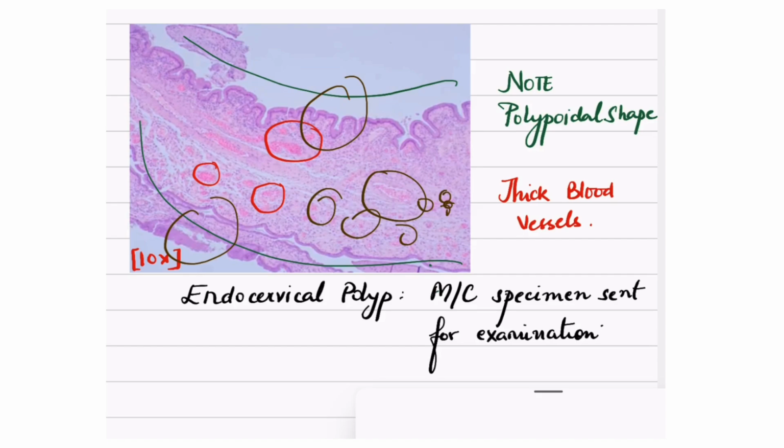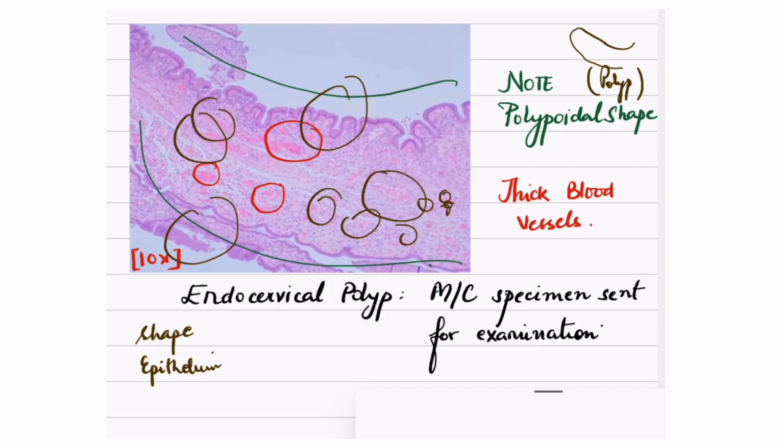So this structure is highly vascular, and look at the shape, the whole shape of it. The shape itself is like this, so it must be a polyp. So first you look at the shape, then you look at the epithelium, and then you look at the vessels. And inside, the stroma will be quite benign.